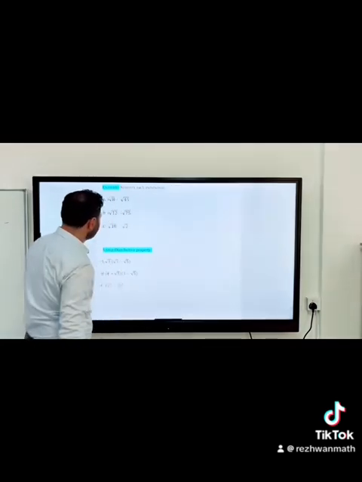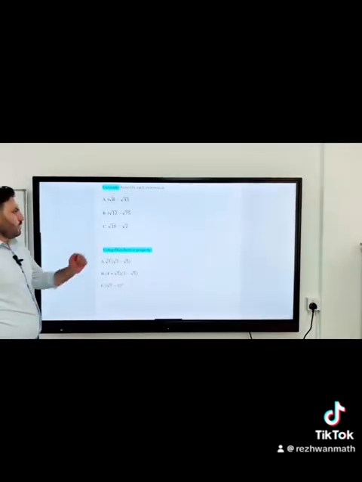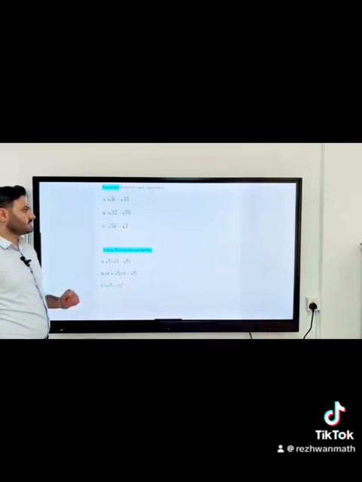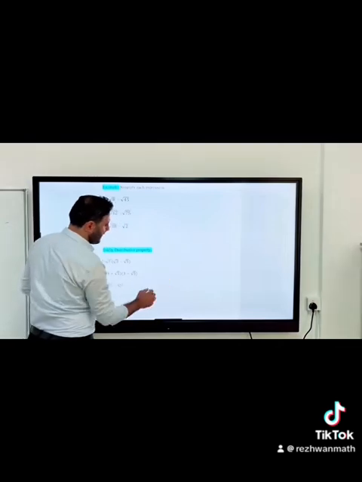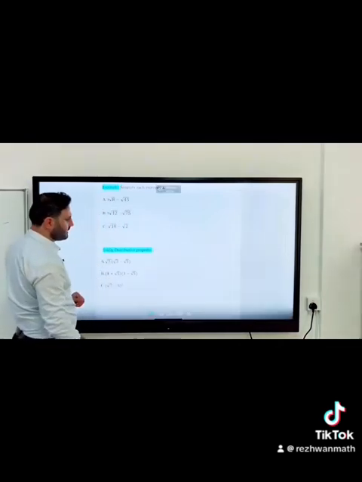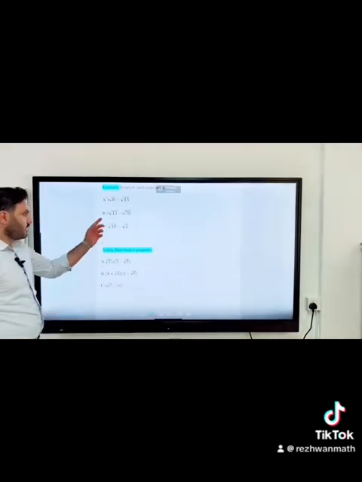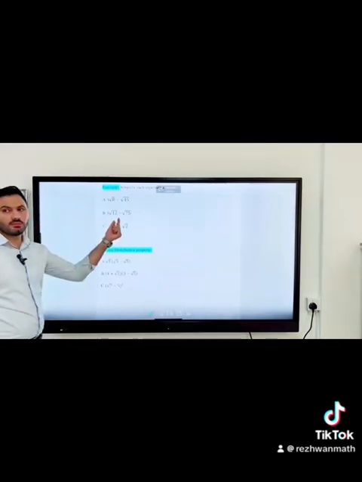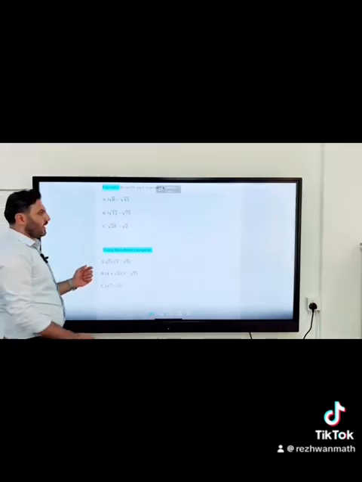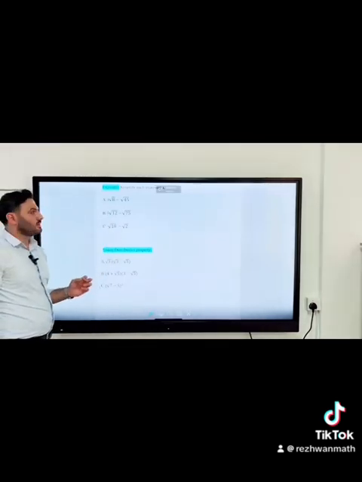Okay? And question B. We have 3 square root 12 minus square root 75. So they are not like radicals, so we can simplify if we have a perfect square. Okay, so what's the factor of 12? We have 1 times 12, and 3 times 4, and 2 times 6.